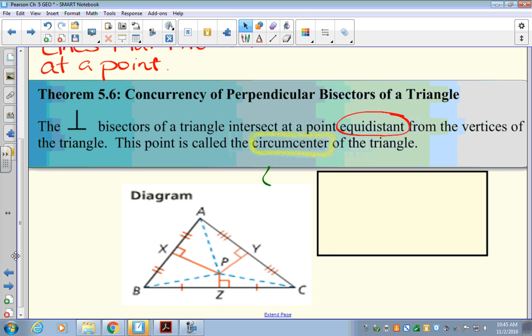So you guys see these dashed lines here? B to P, this little blue dashed line, is the same distance as A to P, same distance as C to P. So the point where the perpendicular bisectors meet will tell you how far away from your vertices you are, and it's called a circumcenter.